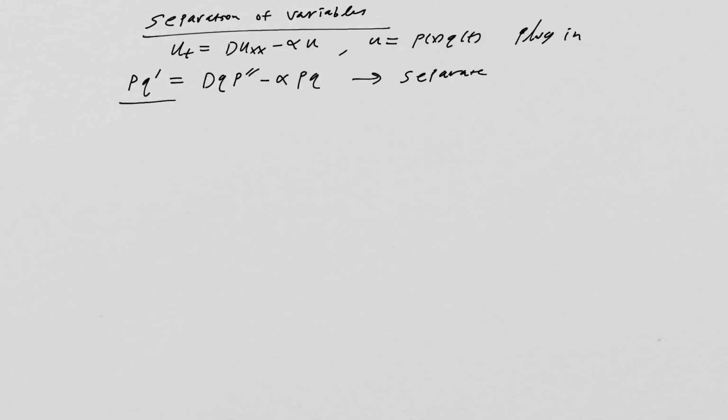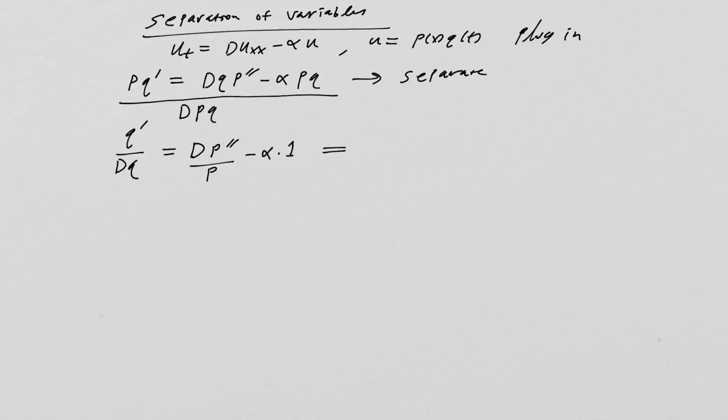We can do that by dividing everything by D p q. We get q prime over D q equals p double prime over p minus alpha over D, because the p's and q's cancel there.